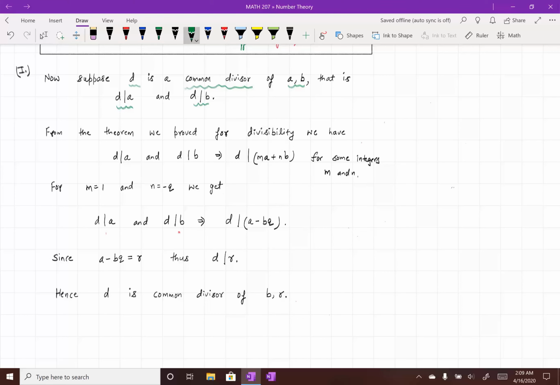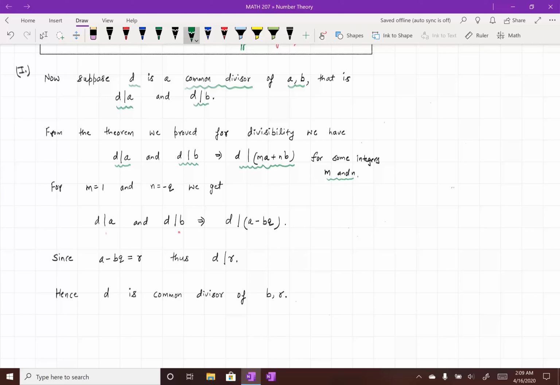And from our previous theorem, which we proved in the divisibility lecture, we know that if D divides A and D divides B, then D divides m times A plus n times B for some integers m and n.